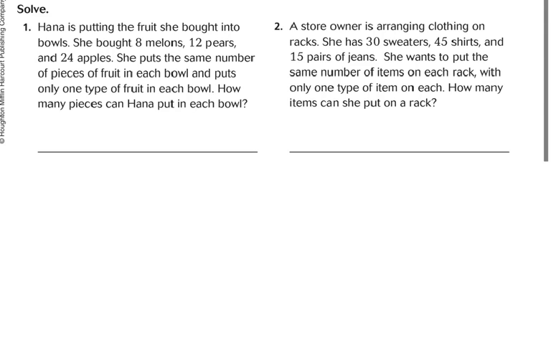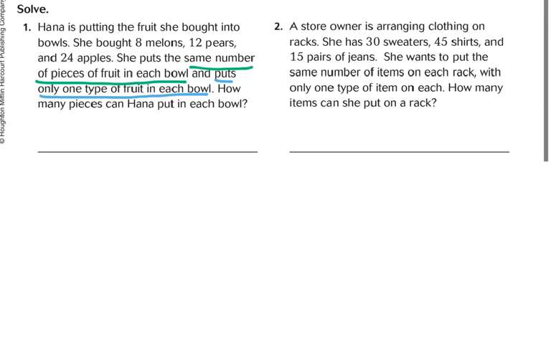Hannah is putting the fruit she bought into bowls. She bought 8 melons, 12 pears, and 24 apples. She puts the same number of pieces of fruit in each bowl and puts only one type of fruit in each bowl. How many pieces can she put in each bowl?